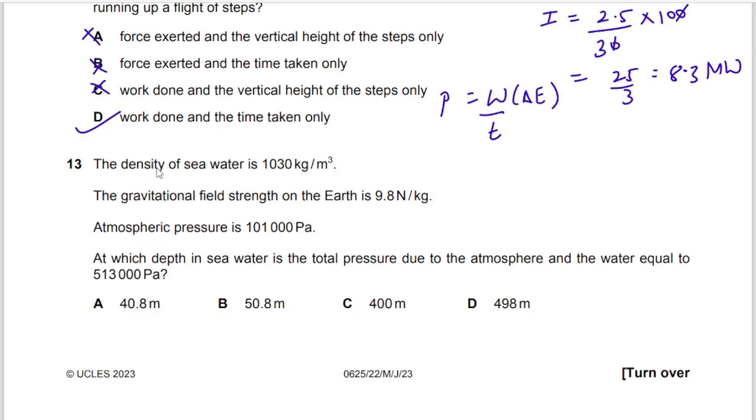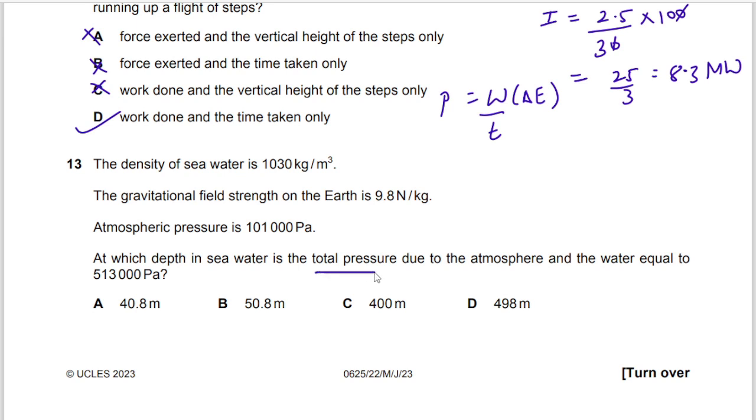Question number 13. The density of seawater is 1030 kg per meter cube. The gravitational field strength is given as 9.8 Newton per kg. Atmospheric pressure is given. At which depth in seawater is the total pressure due to the atmosphere and the water equal to this much?